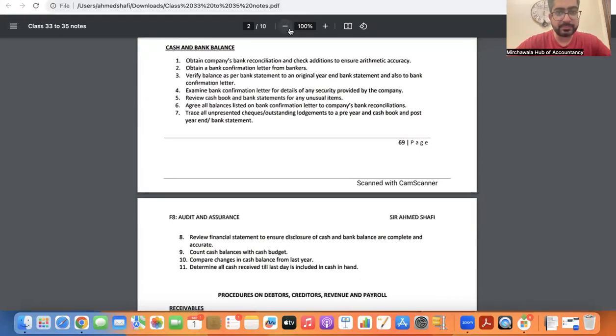So first write it. Obtain company's bank reconciliation, check additions to ensure arithmetic accuracy.